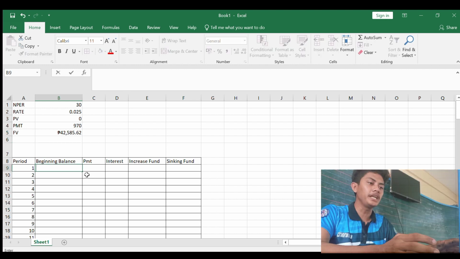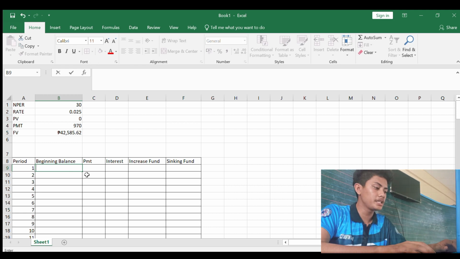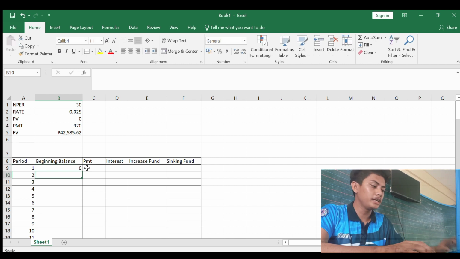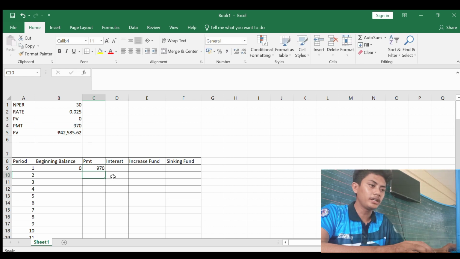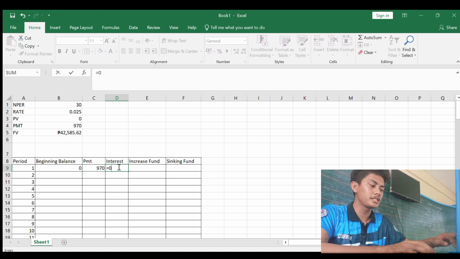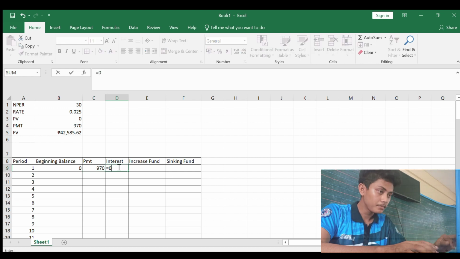So let's begin today's sinking fund schedule. Our beginning balance here is 0 since this is the first period. So our PMT here is equal to 970, or you can just click the PMT here at the top, then enter. Then our interest here is equal to 0 since this is the first period.